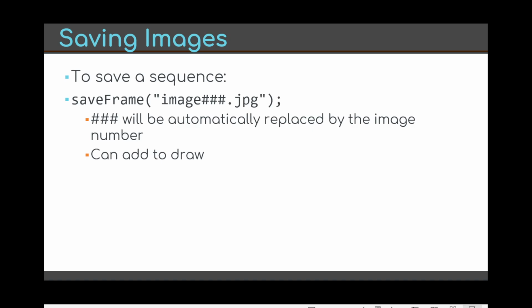So the first one you press will be 001, I believe. Then every time you save frame after that, it'll keep counting up those numbers. You can easily fill up your directory pretty quickly if you have a large window size and you put this in a place where it gets called too often.